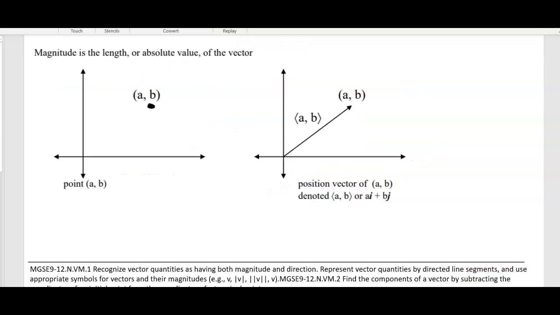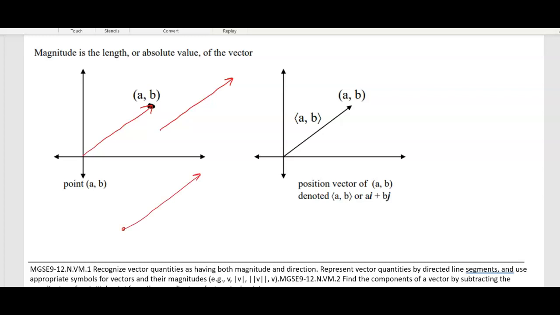Okay, so the first thing we need to do is you need to be able to put any vector in vector position, standard position, different names for it. So a vector can be floating anywhere. It can be floating off in the first quadrant. It could be in the fourth quadrant, whatever.